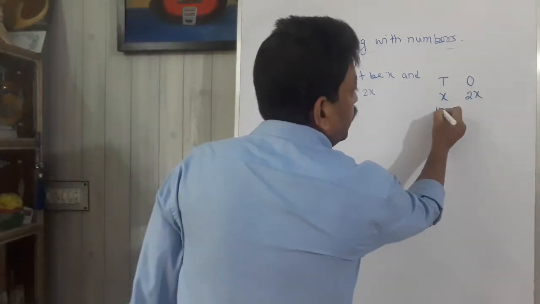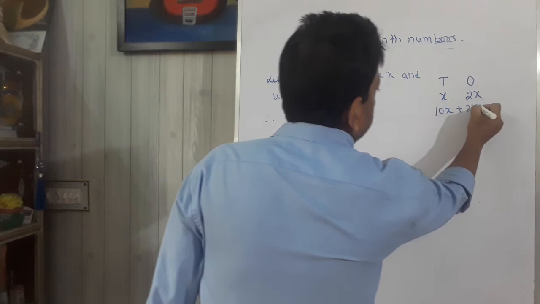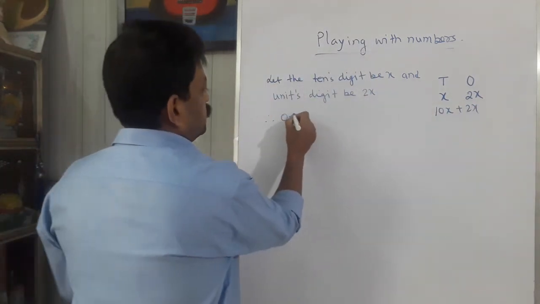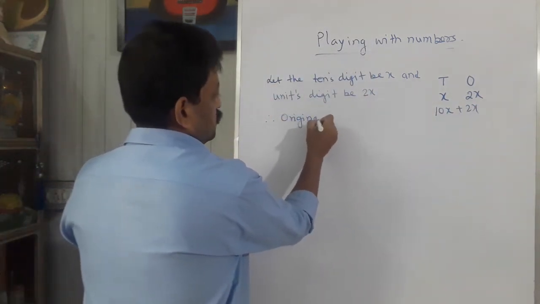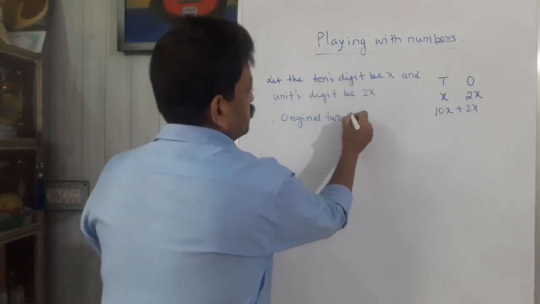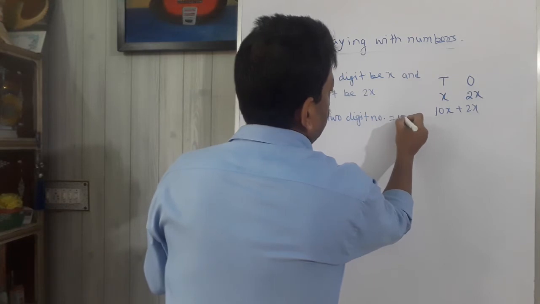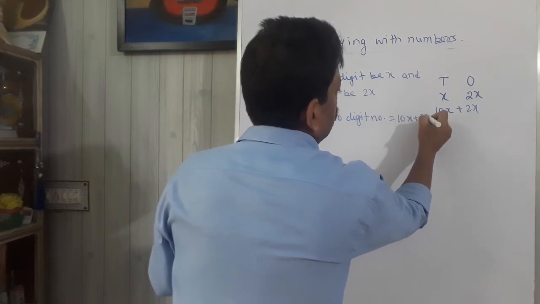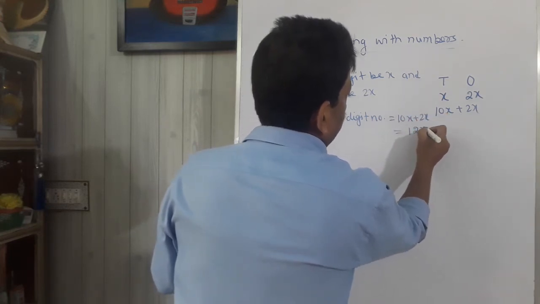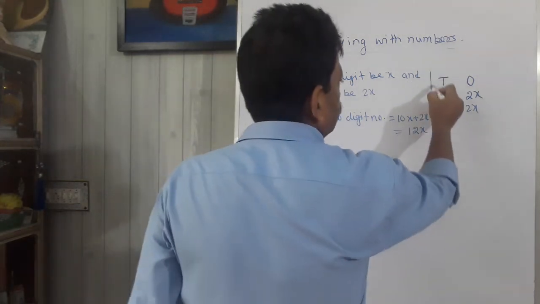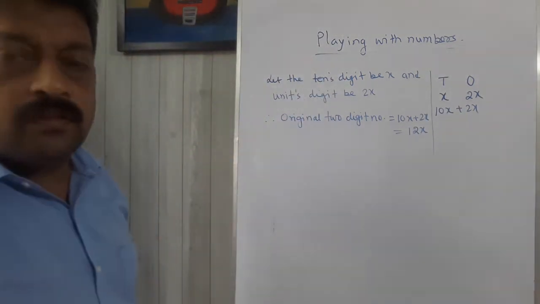It will be 10x plus 2x. Therefore, the original two-digit number equals 10x plus 2x, or we can say it is 12x. Understood? This is the first condition.